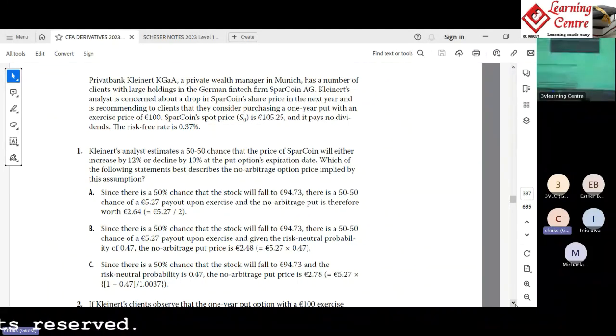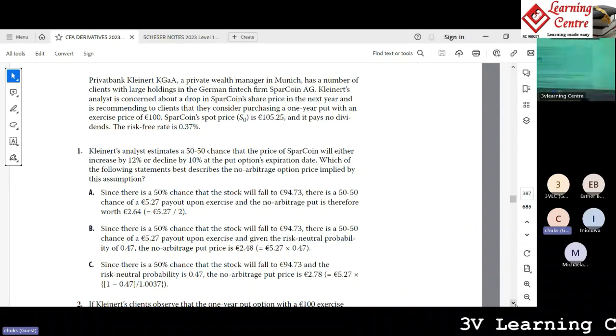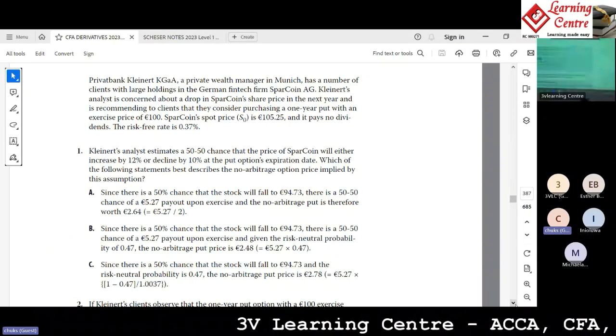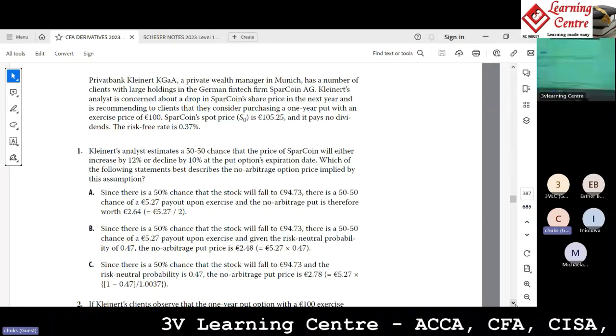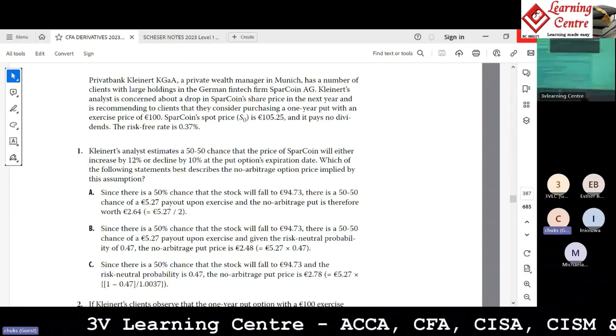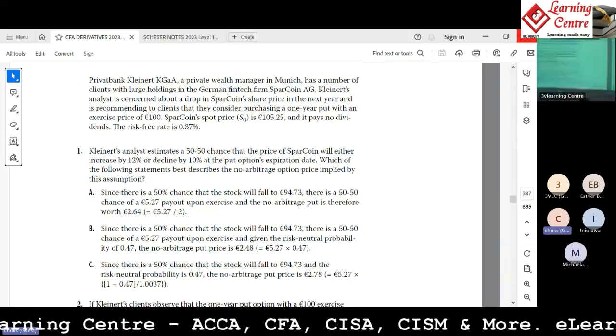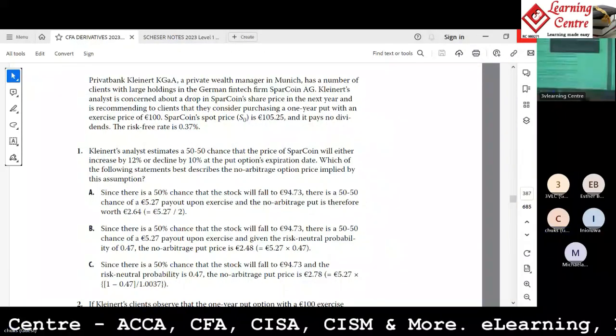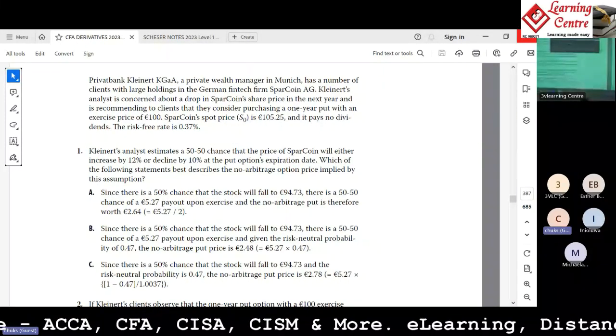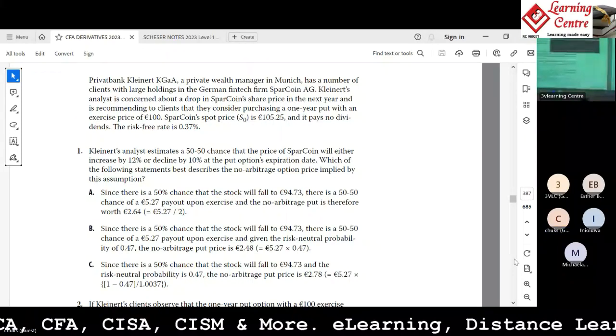So 1 plus 0.37 minus the rate of the decline, which we have been given here as the 10%, then divided by 1 plus the increase, which is 12%, minus the rate of the decline as well, which we have. So if we put all that together, we'll get a figure.